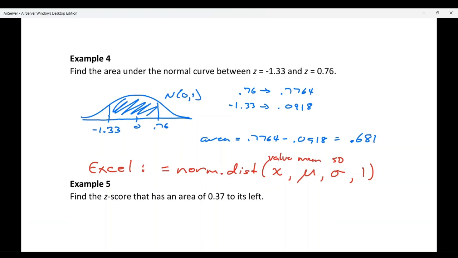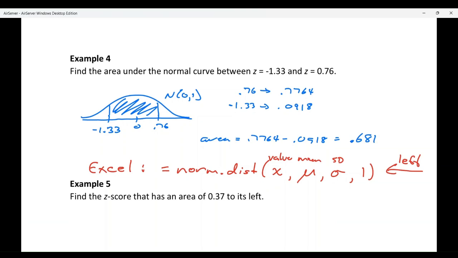Okay. Now, like the chart, this also will only give you area to the left. So when you get that answer, it's basically just digitizing the chart is all it's really doing. It's just going to do the chart behind the scenes and give you that value to the left.